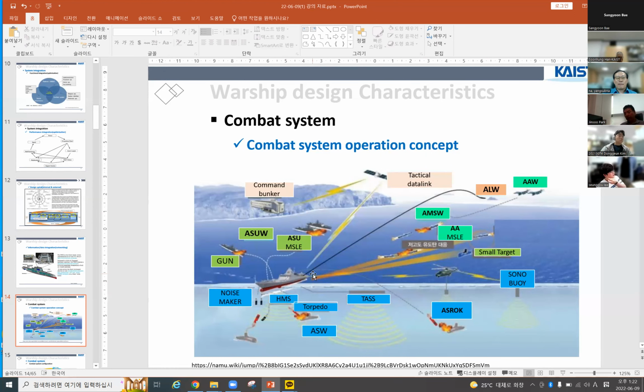Three groups. For the underwater warfare, there are the noise maker, hull-mounted sonar, torpedo, towed array sonar, and anti-submarine attack. For surface warfare, there are guns, anti-submarine warfare, missiles, and anti-air missiles. So underwater, surface, and air are all covered by the combat systems operation.